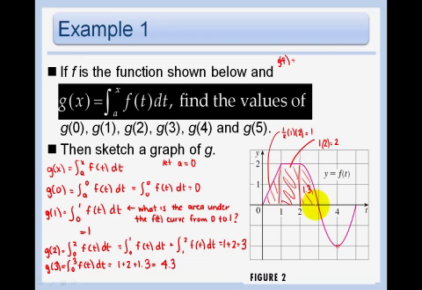I'm going to do g of 3, which was this whole region here, and then I'm going to subtract out the area under this curve. And what is that area about? Well, that's about 1.3 also. I'm going to just approximate it at 1.3. But I need to subtract it because it was under the x-axis. And so that's going to leave me with 3.